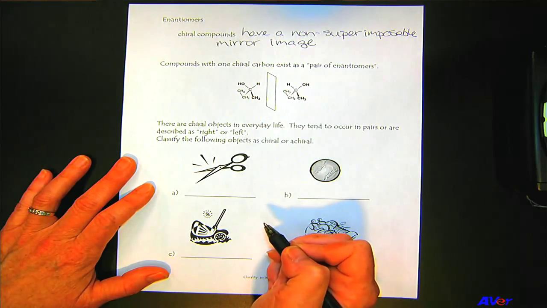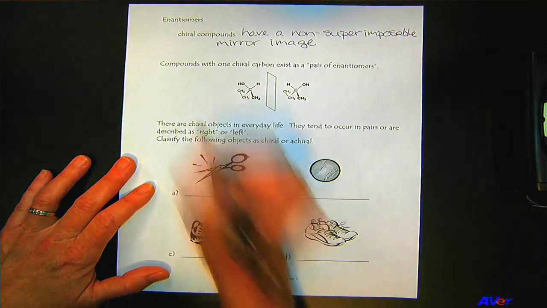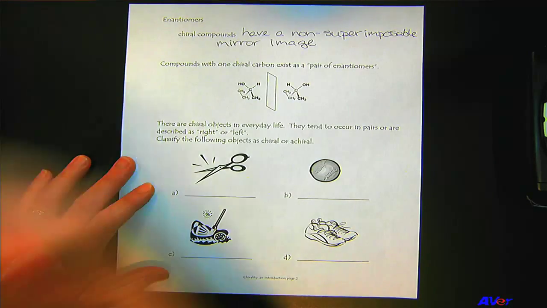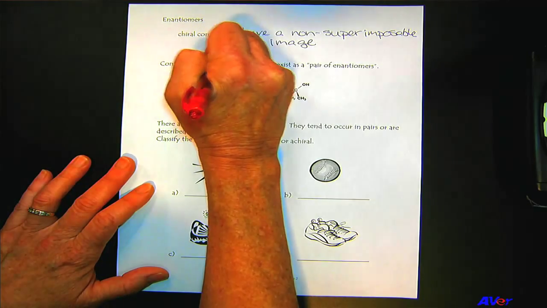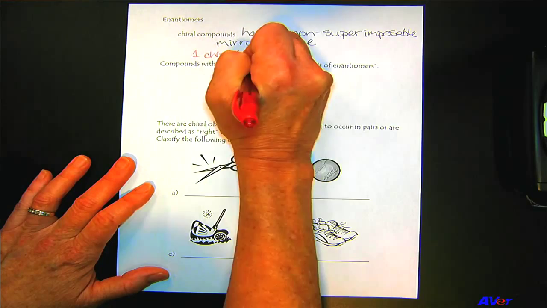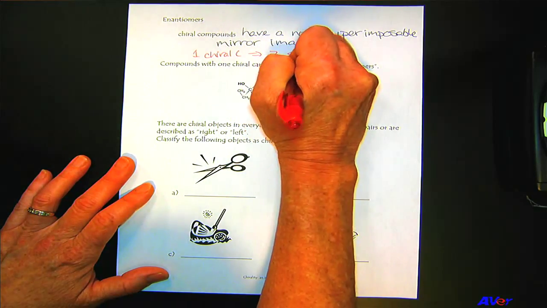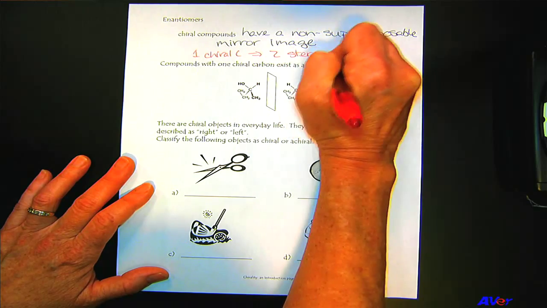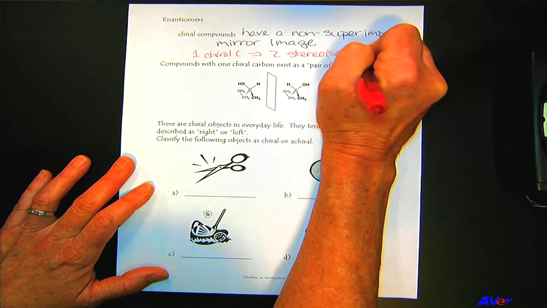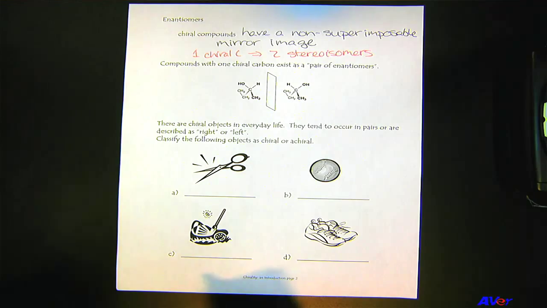Okay, so basically what that's telling us is that one chiral carbon, right, can create 2 stereoisomers, right, because we have a mirror image.